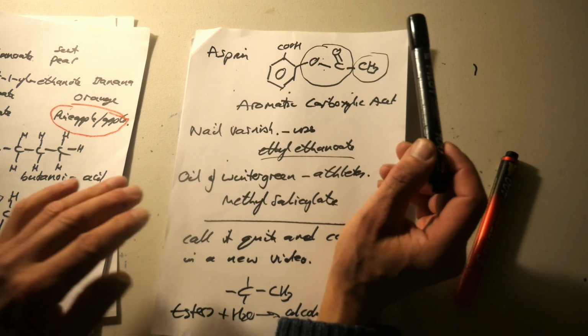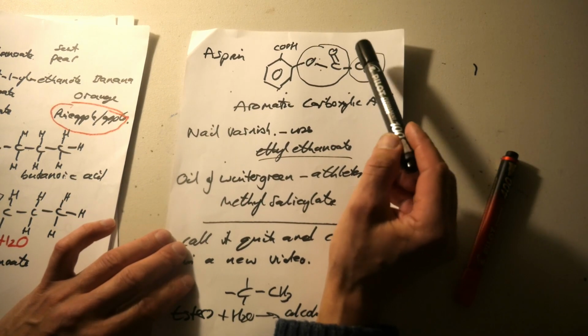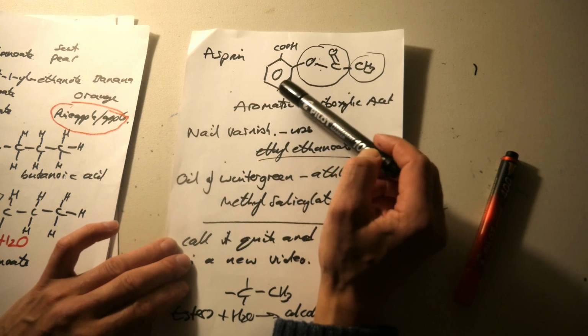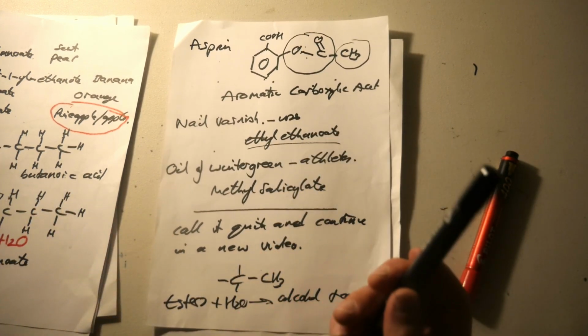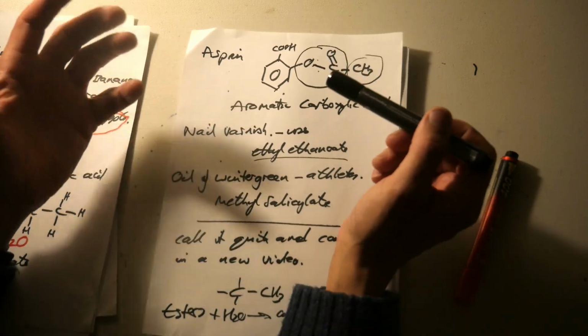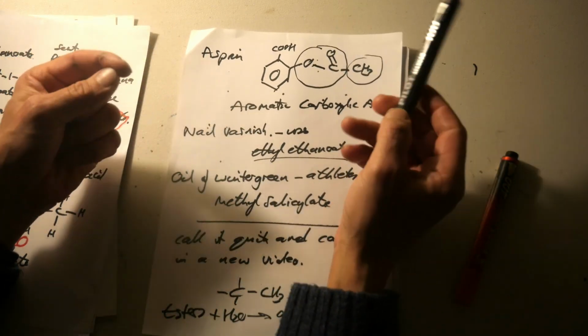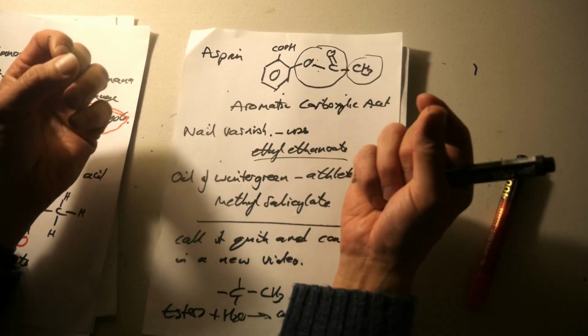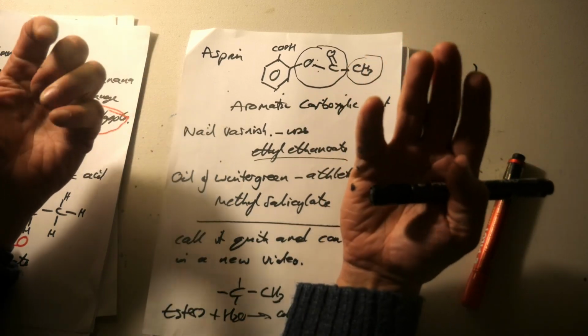So if you expose aspirin to air for too long, it actually goes off, because aspirin becomes acid and alcohol, and the acid is foul smelling and not very pleasant. So that's why aspirin is packed in foil sealed packets or air sealed packets.